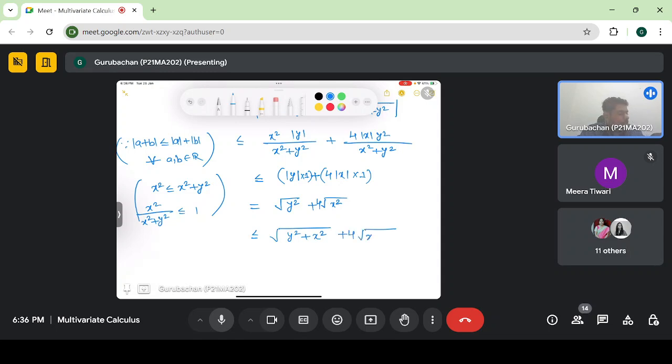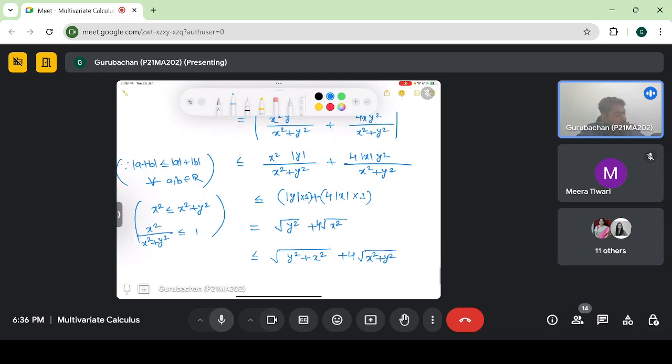Since it is a positive quantity, the inequality will be less than or equal to. Here you might observe one more thing: I have been talking about inequality, but here I am talking about equality. It just shows the relation of this line with the previous line. From the previous line we have done some manipulation, that's why we have written equality here.